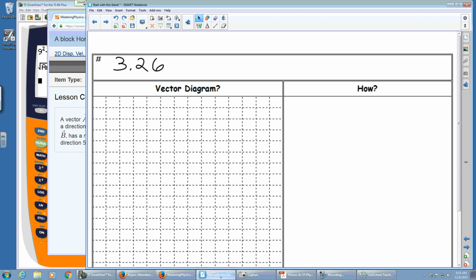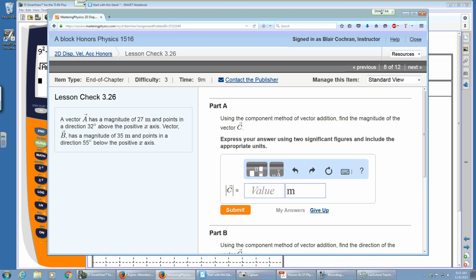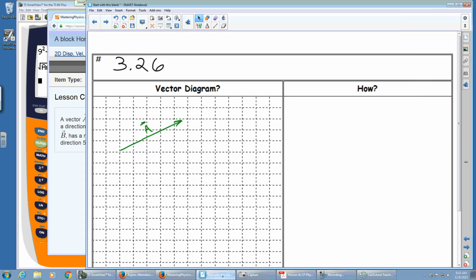So this is my vector A. And then 27 and 32. So this angle here is 32 degrees. And this is 27 meters, right?